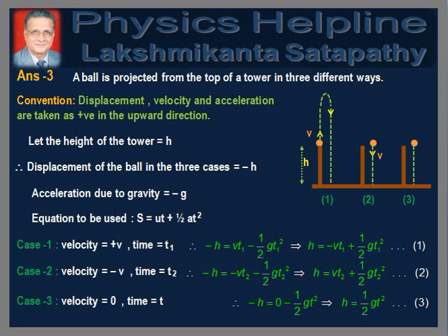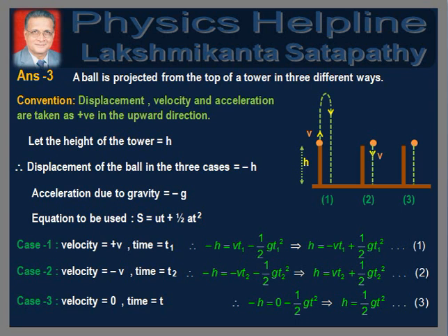Using the equation s is equal to ut plus half at square, we get minus h is equal to vt1 minus half g t1 square. This implies h is equal to minus vt1 plus half g t1 square.